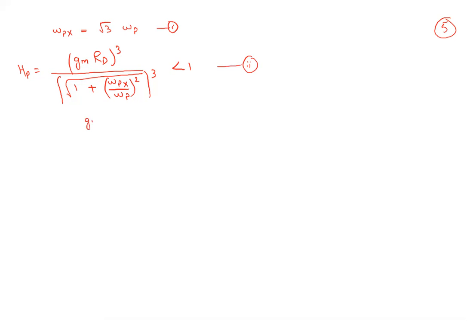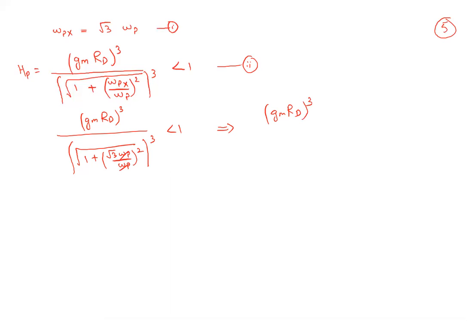So it will be GMRD whole cube divided by (1 plus (√3 omega p by omega p) square) under root, cube, less than 1, which means GMRD whole cube, omega p will be cancelled out, 3 square 3, and then under root, so it will be something like 4 cube, should be less than 1, meaning GMRD whole cube should be less than 2 cube, so GMRD should be less than 2.